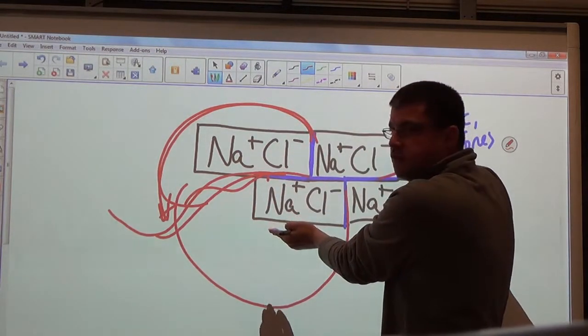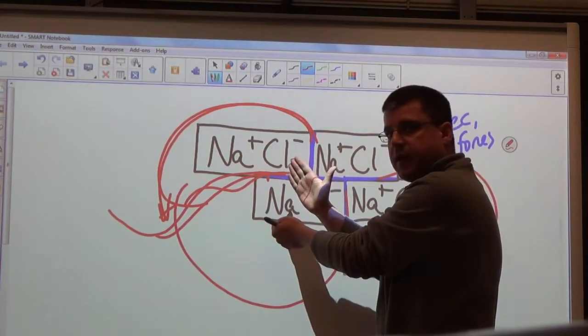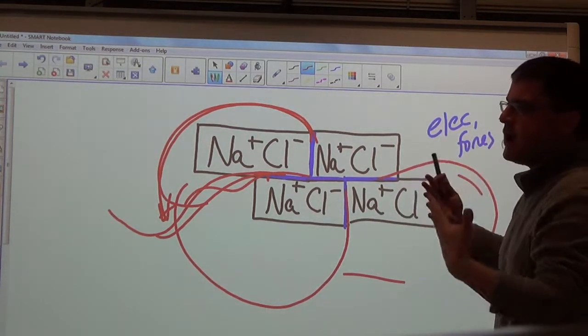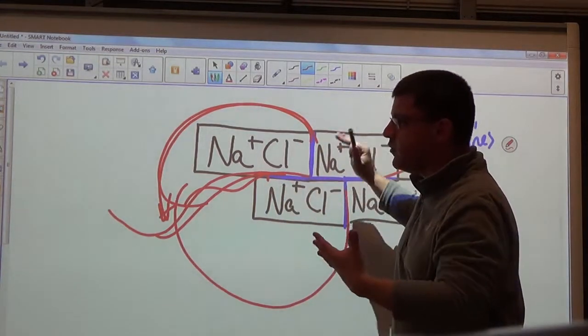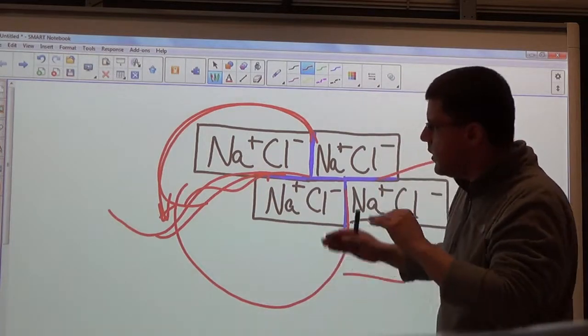Eventually they would separate and form a liquid or a gas. But it takes a lot of heat to do that. And we talked about that. It takes a lot of energy, therefore they have a higher boiling point. So they have a very strong, fixed, rigid pattern. We talked about the Lego analogy in class. Alright, so that's the first part.